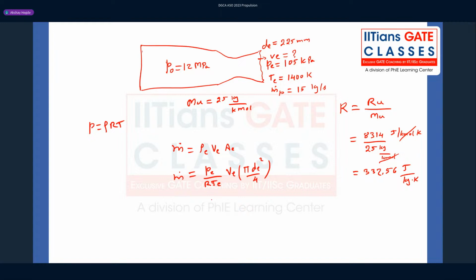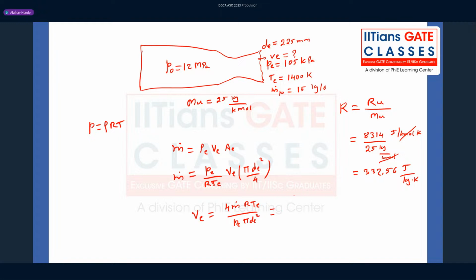So we can express this relation for the exit plane velocity, that is V_E is equal to 4 m dot R T_E divided by P_E times pi d_E square, right?